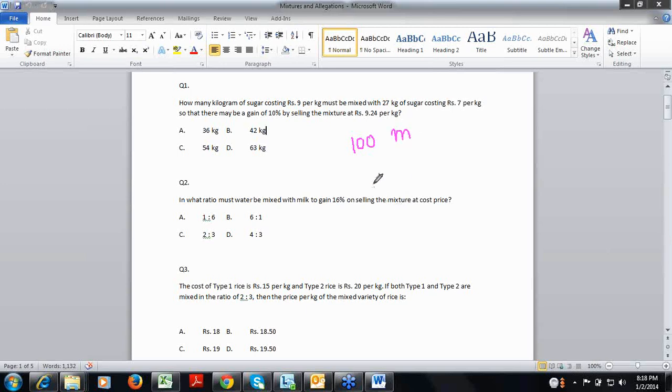Water is X. Now what is the selling price of it? 100 plus X. What is the cost price of it? 100. Now this has been given what? 1.16. Can't you solve it? X is equal to 16.